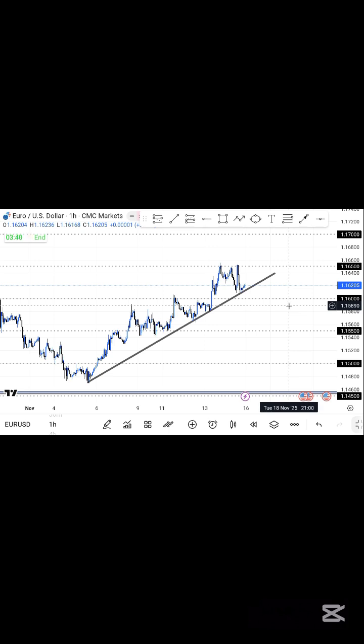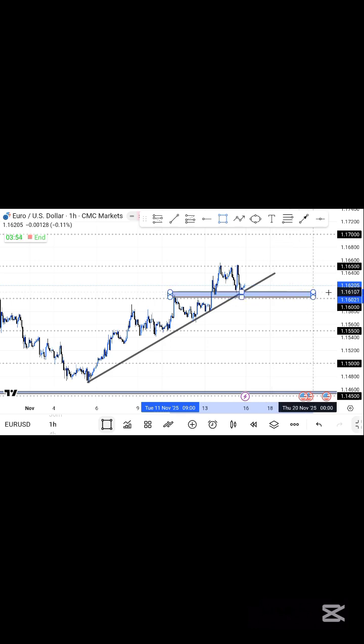Price is actually reacting on a particular support. Let me show you what I mean. As you can see from here, with our rectangle tool, the market is reacting at this zone. I don't know if you are seeing this.